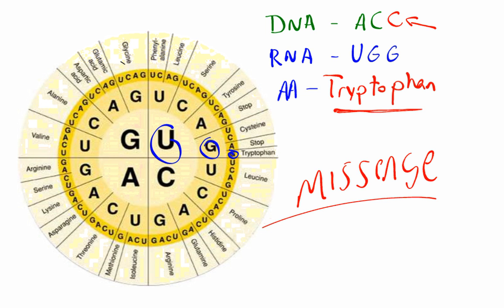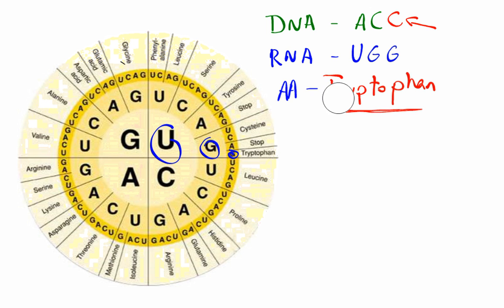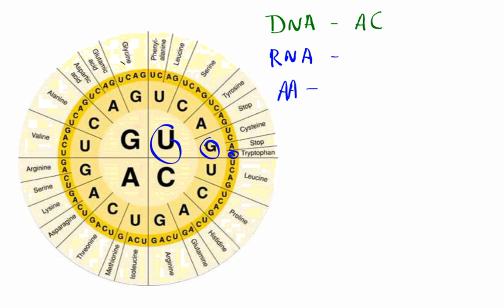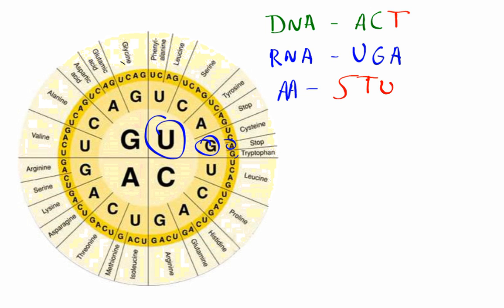Last kind of point mutation. Let's say that instead of UCG, we have ACG, we have ACT. That's going to give us a UGA, which is going to in turn give us a stop codon, which is not an amino acid at all.